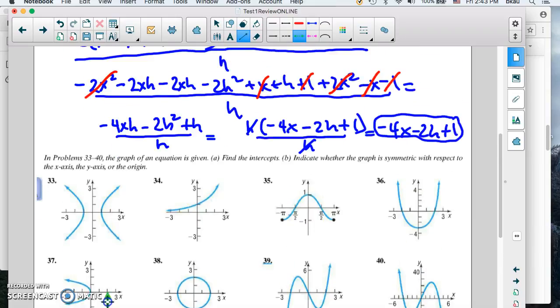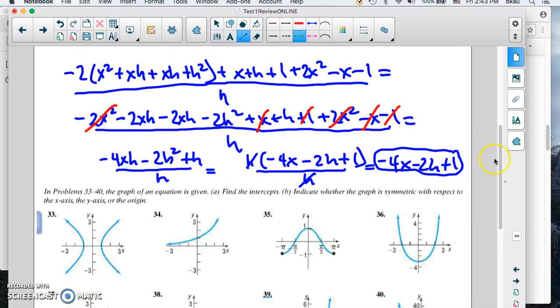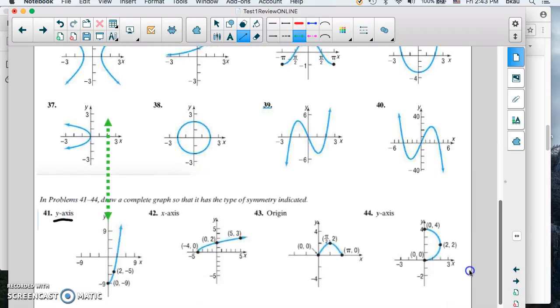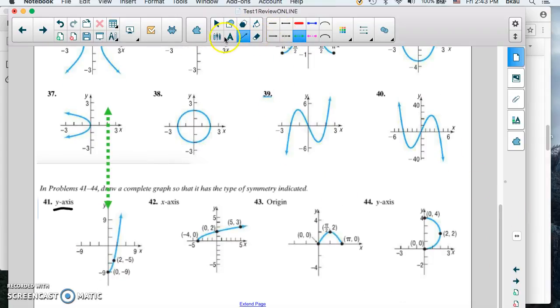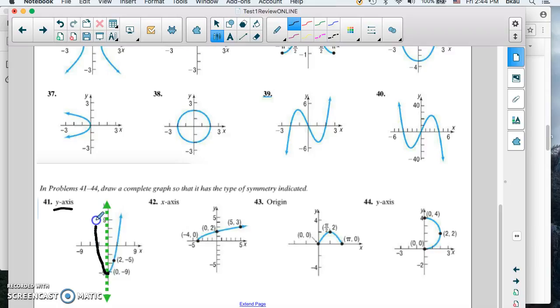Okay, let's try again. So we're going to fold along the y-axis. When we do so, we're going to get that line over here that looks like this. Looks something like that. Y-axis symmetry.